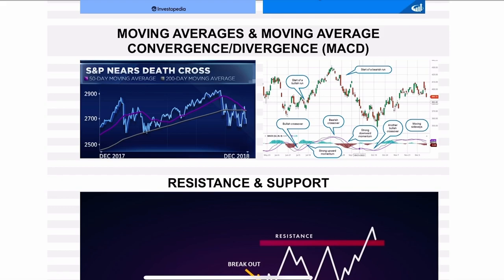Now, on the moving average convergence and divergence, this as well kind of gives an indication of how others might be interpreting price changes. You might see things that look like it's the start of a bull run. You might see these crossovers similar to the other moving averages, or that there are strong downward momentums forcing the price down.